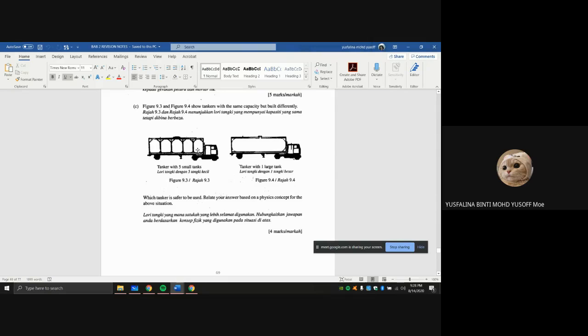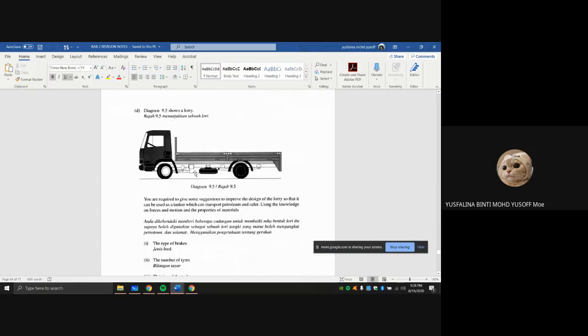The next one, you are required to give some suggestions to improve the design of the lorry so it can be used as a tanker, so it can transport petroleum and be safer. So the type of brakes. This one we use ABS, anti-lock braking system.